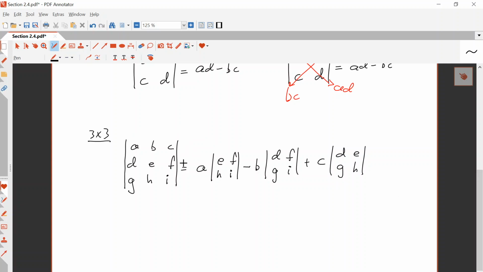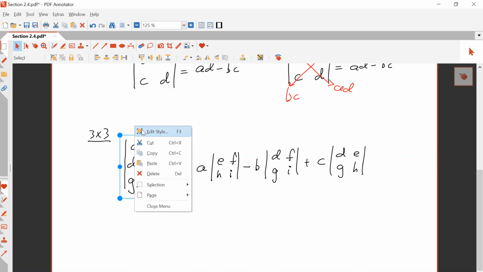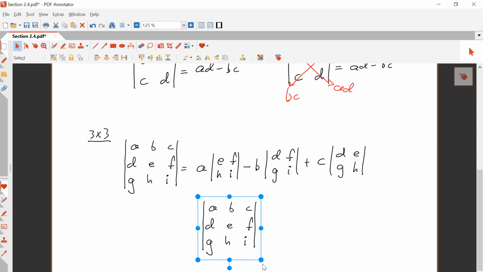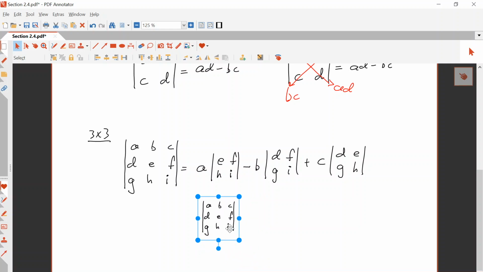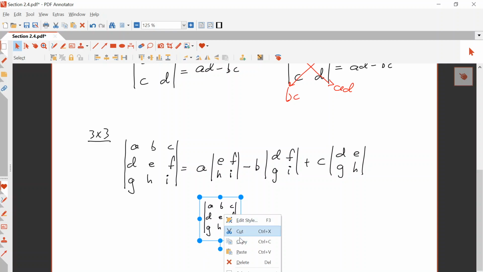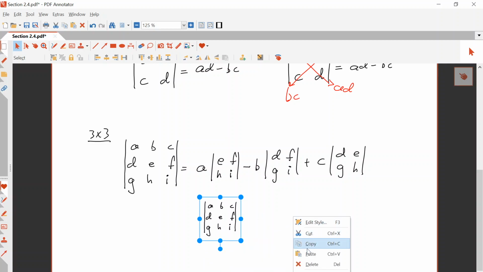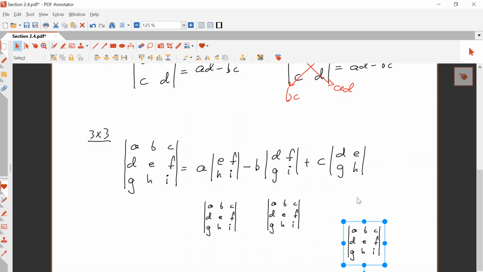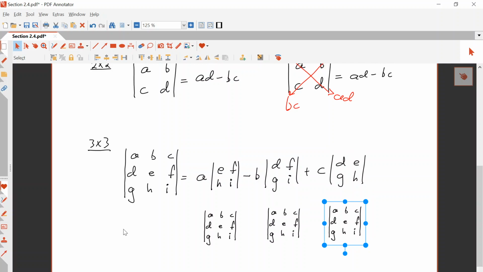Take the 3 by 3 determinant here, and start with the top row. We have this A times this 2 by 2.